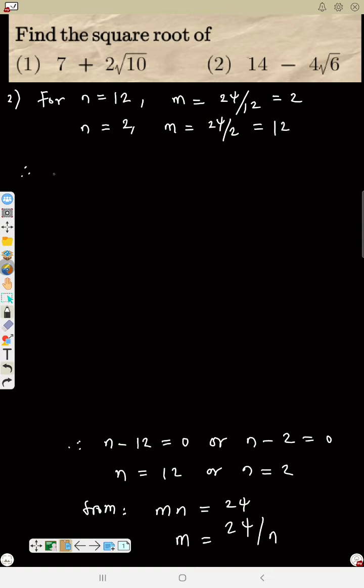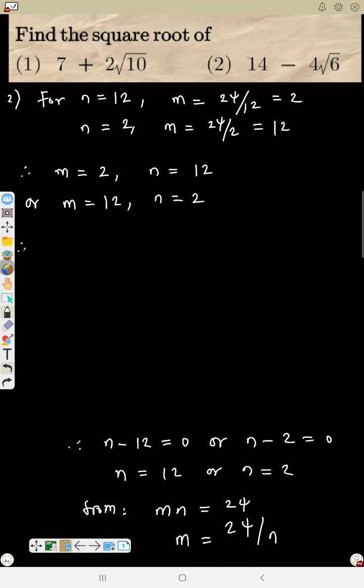So finally, we have known that when m is equal to 2, n is equal to 12, or when m is equal to 12, n is equal to 2.